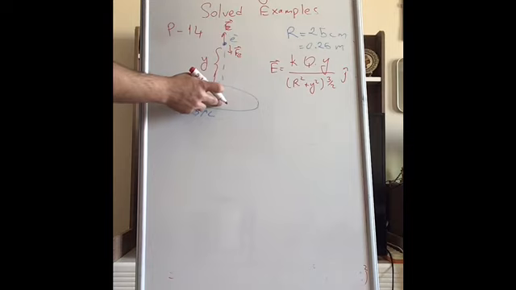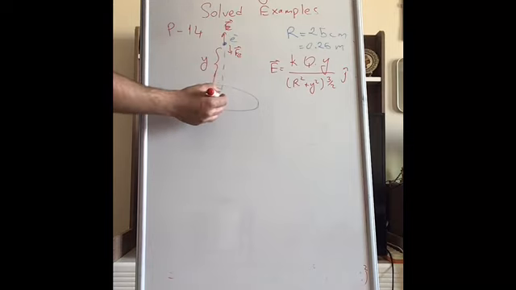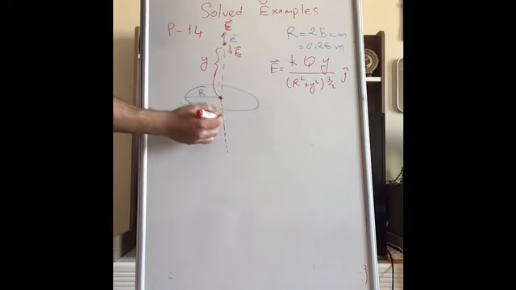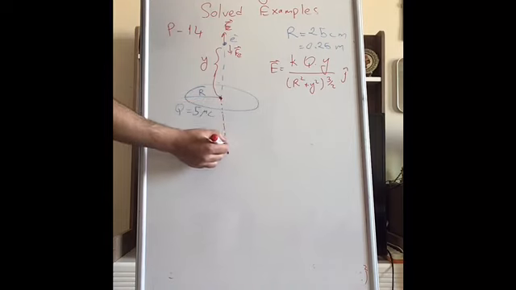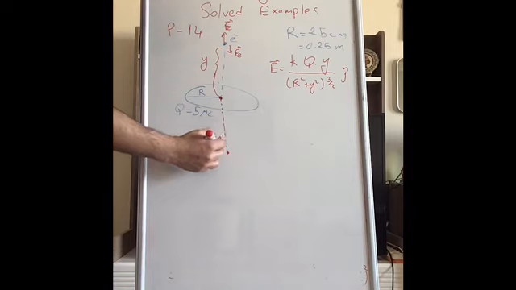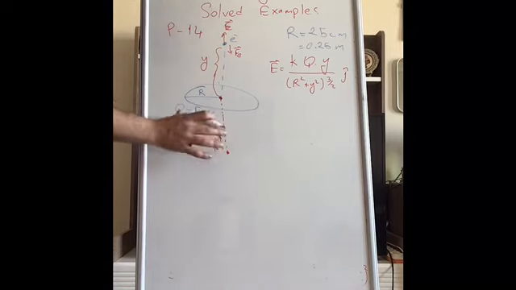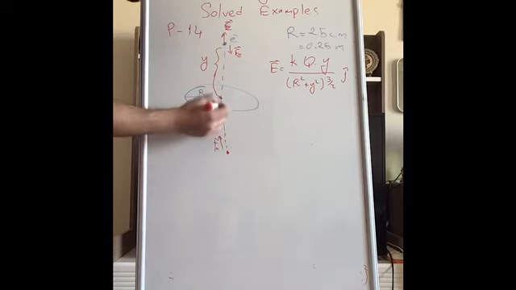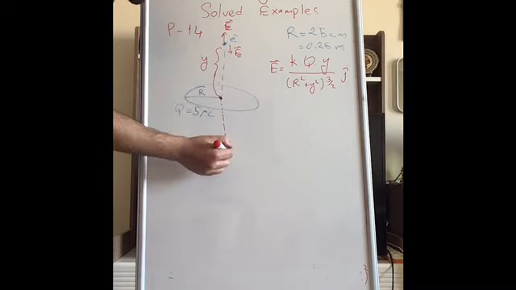So there is no force when the electron is passing through the center, but it has some velocity, right? So it's not going to stop here, it keeps moving, and here the electric force will be attractive, so the electric force will just switch direction. The electron starts slowing down, and at some point it's going to stop here.